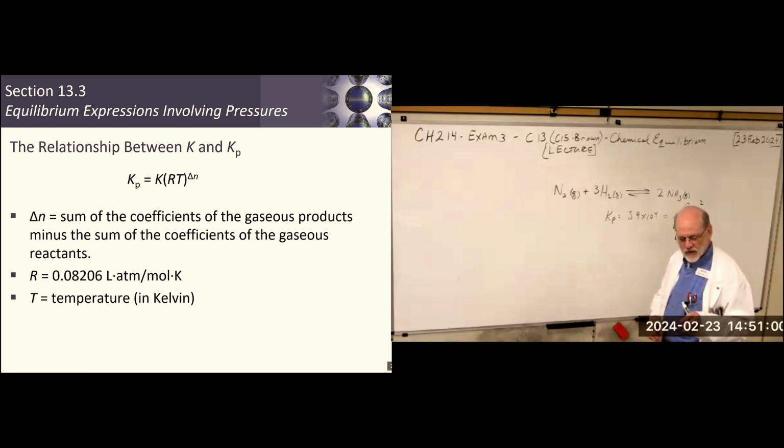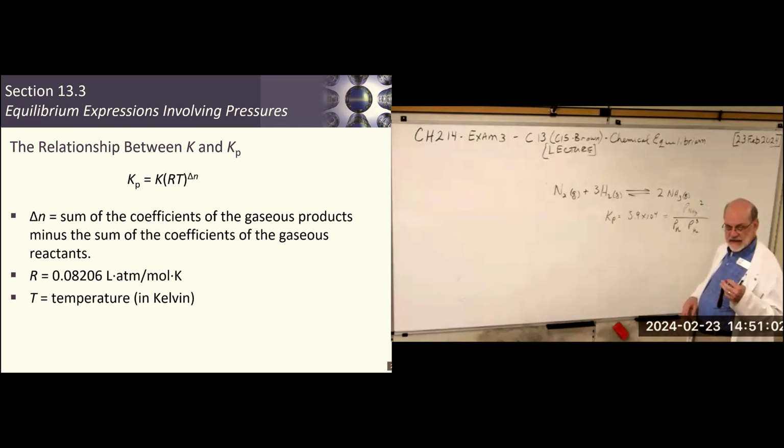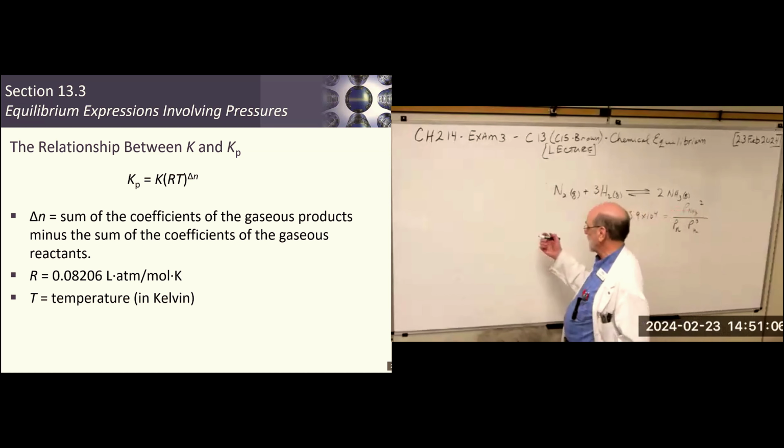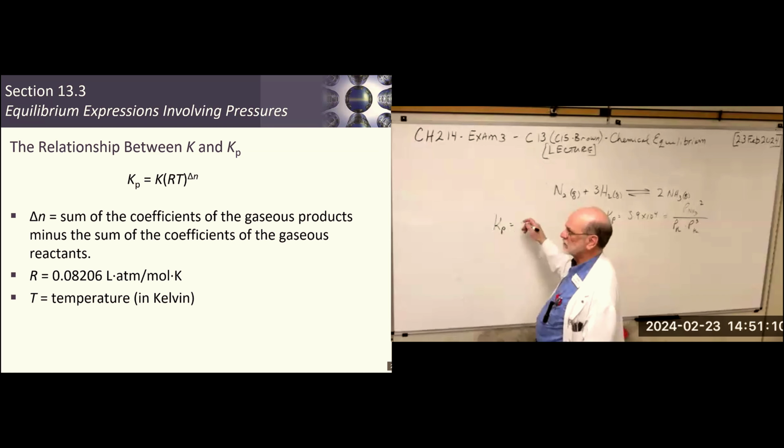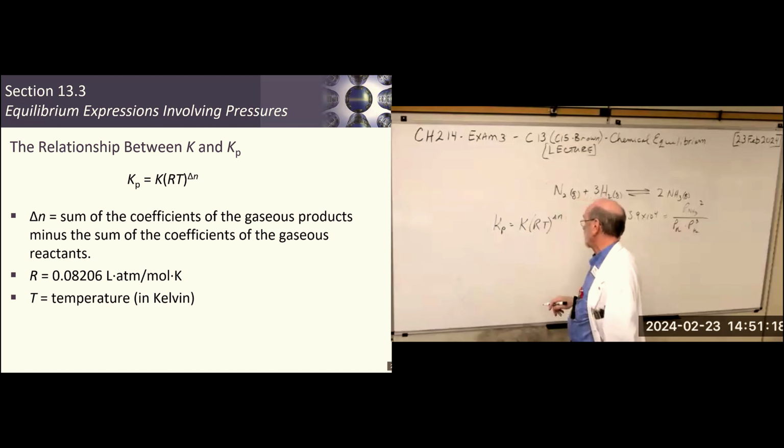Okay, so I said earlier that the Kp and the Keq were related, and this is how they're related. I don't have to memorize it, so I'm going to cheat. RT to the change in n.